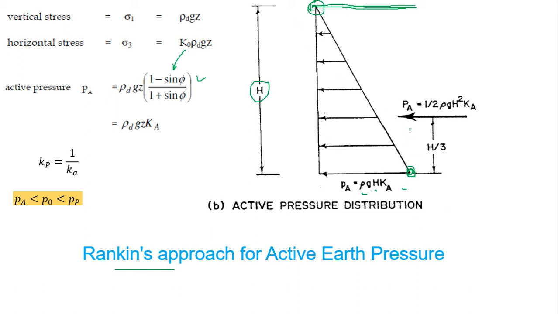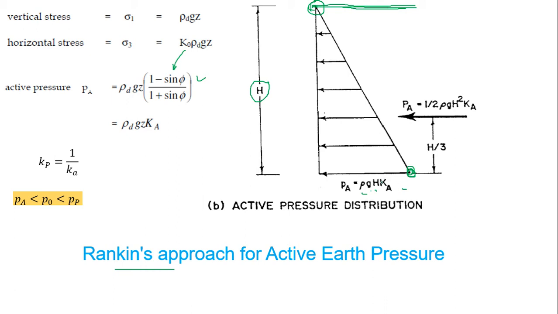Also, in fluid mechanics and in geotechnical engineering we have drawn many pressure distribution diagrams, for example for water. So rho g h into the active coefficient of earth pressure; if we have water, then the value of this Ka becomes 0.